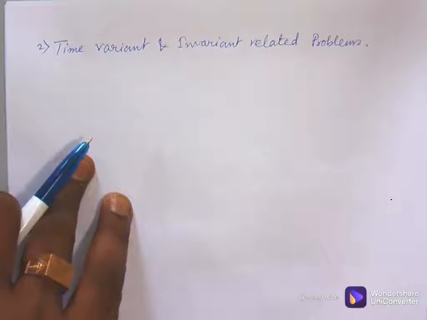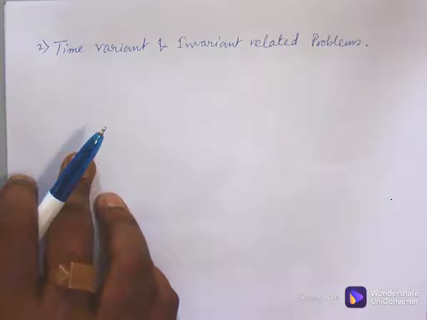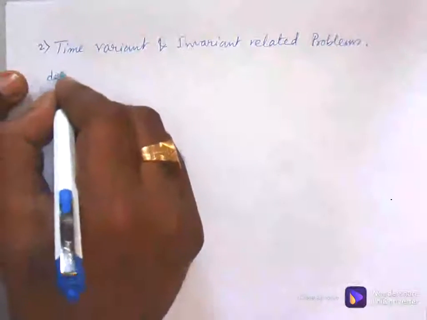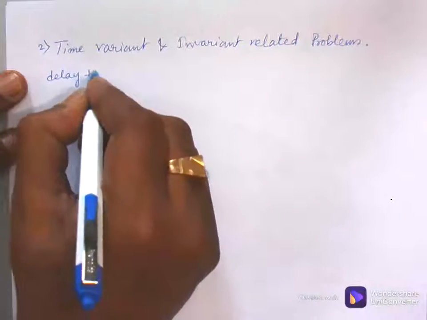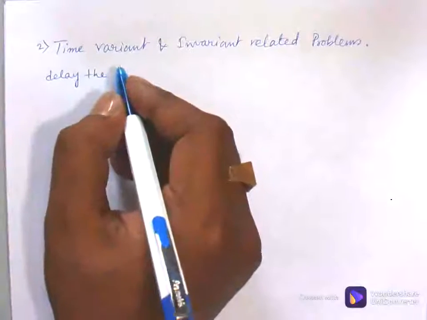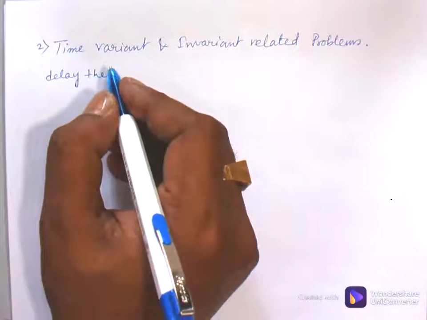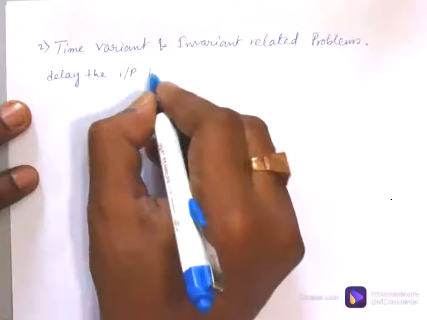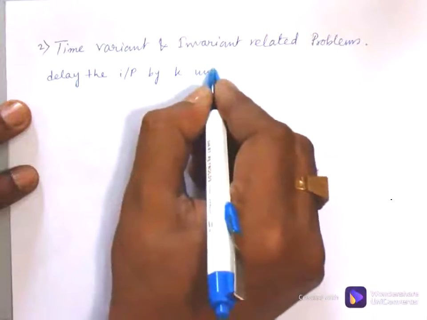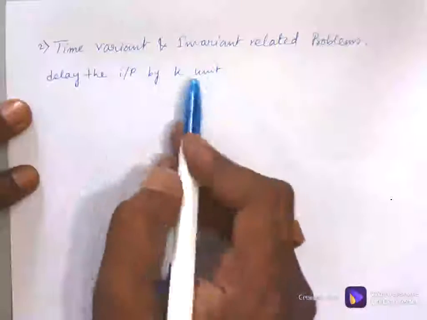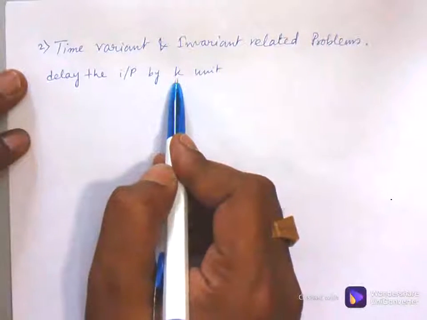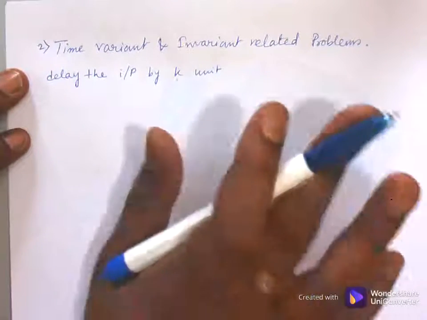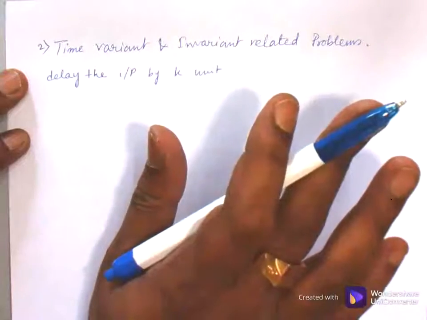There will be an equation, that is you have to first delay the input by k unit or any other parameters. You can represent any other parameters, t, n, whatever parameters you want to use.